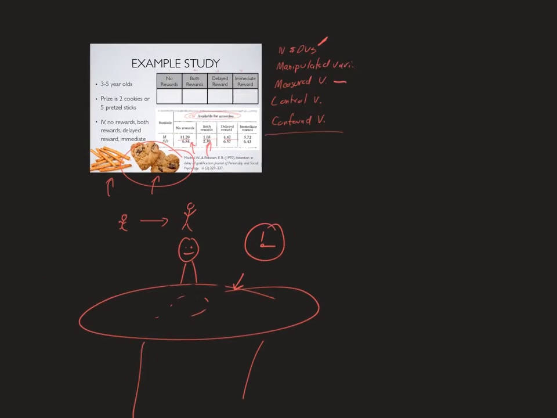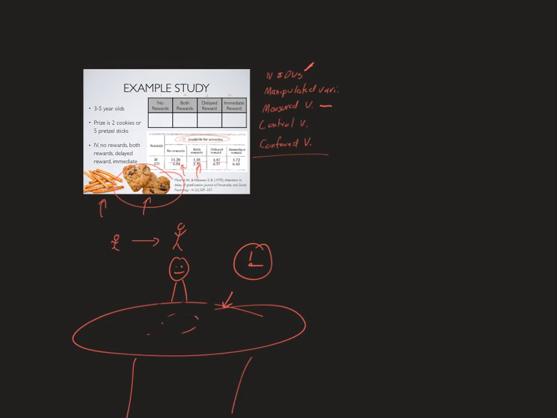Now, to connect this with the different IVs and DVs again, the DV is how long did the children wait across these different situations. The manipulated variable is specific to this study.